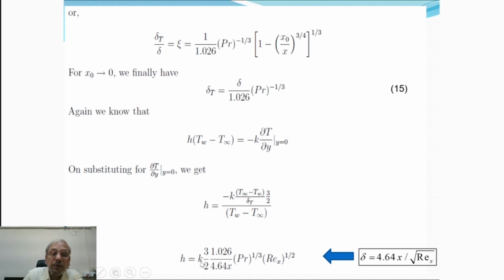We get h equal to minus k 3 by 2, Tw minus T infinity gets cancelled out, and 1 by delta T, and delta T is given by delta divided by 1.026 Prandtl number to the power 1/3.